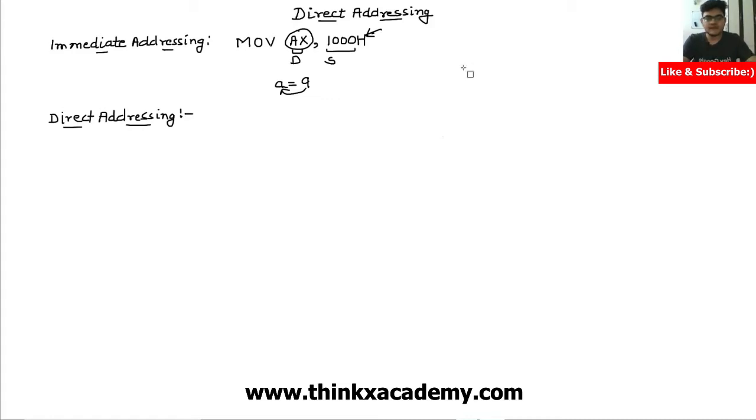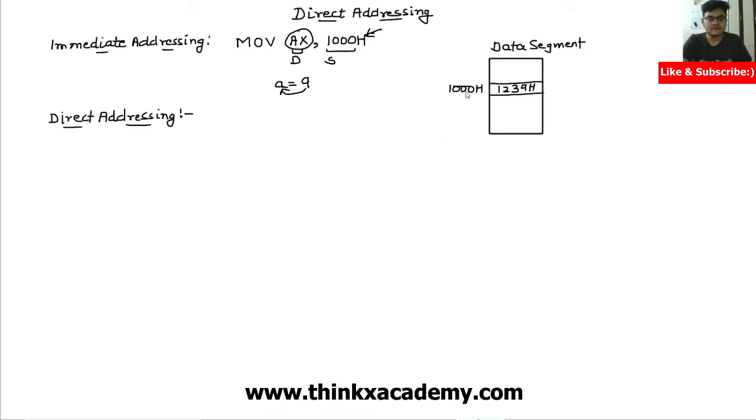So let's say I draw a segment here, and let's say this is the data segment, and let's say the data 1234H is somewhere here. In this data segment we have 1234H here, and the memory location is, let's say, 1000H, right?